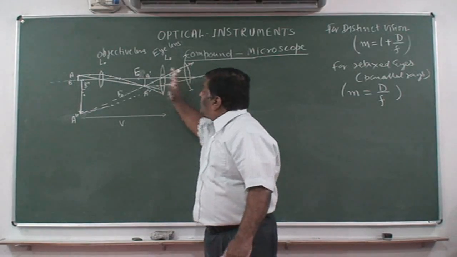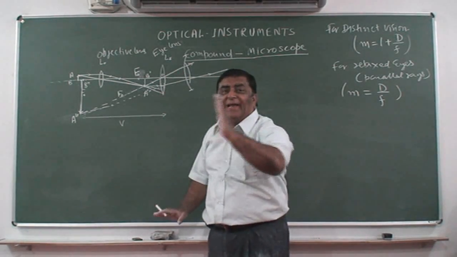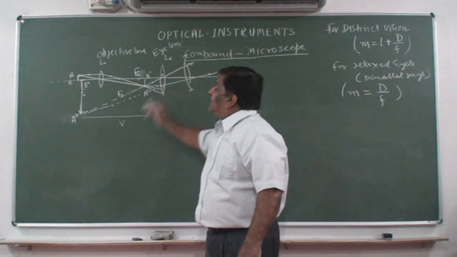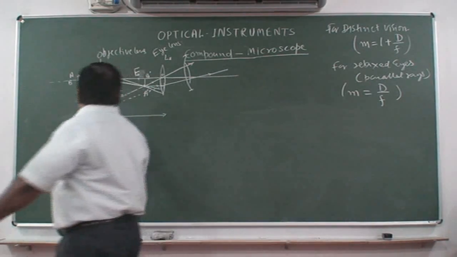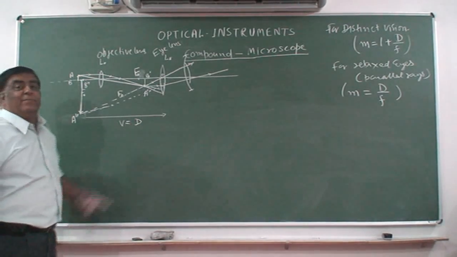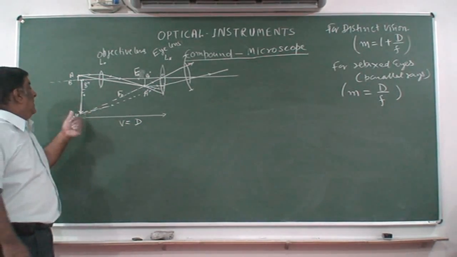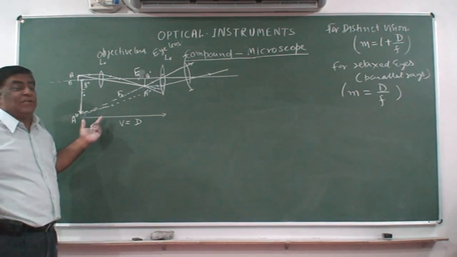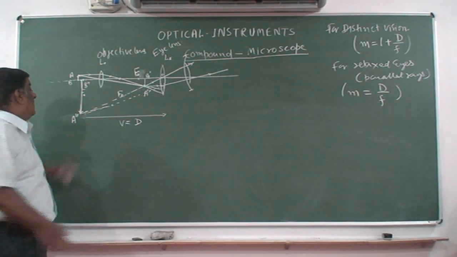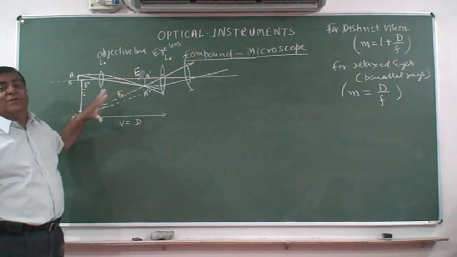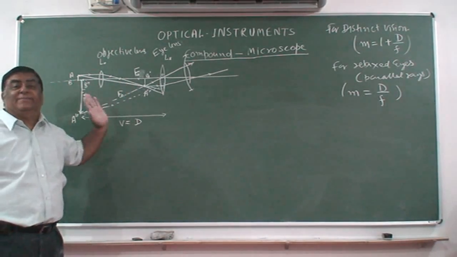Now we change this distance by trial and error. How much? We make it so much that this V becomes equal to D. Why D? Because we are able to see any image at the distinct vision. This is the minimum distance of distinct vision. When we make image here, we are able to see it very clearly.